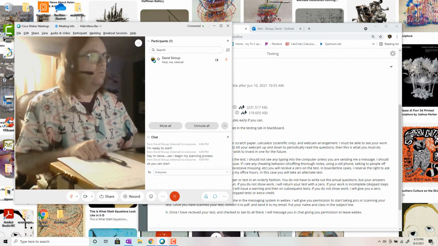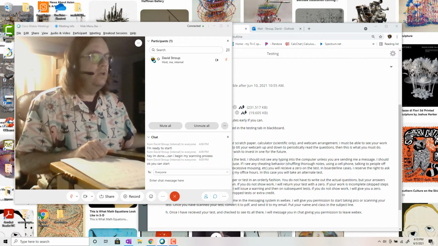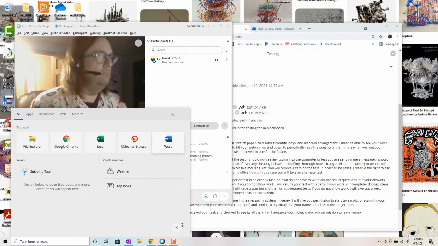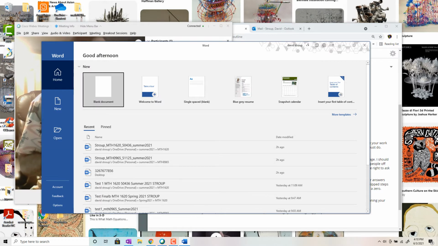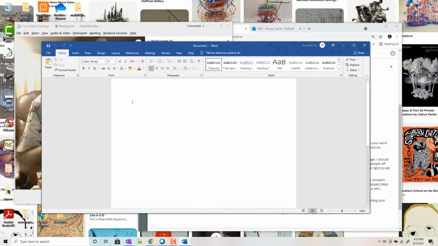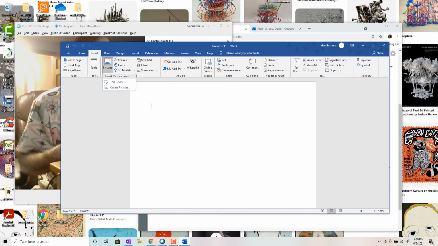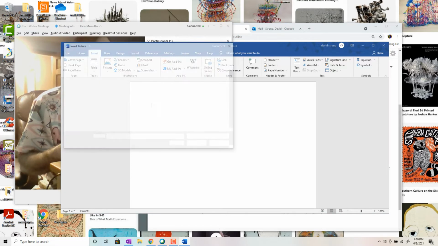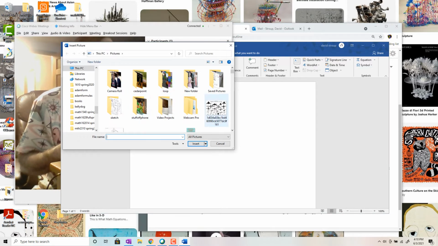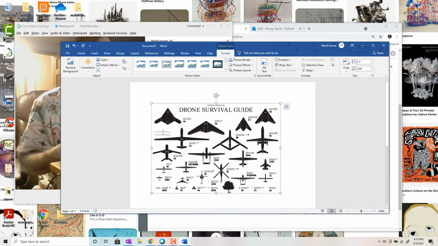Okay, once you're done scanning, then you upload it to your computer. Basically, you could go to Microsoft Word. I put some other links, like a CAM scanner in there you could do, but the easiest way to do it is just to take a picture from your computer, put it into the Word document, and then go and save it.